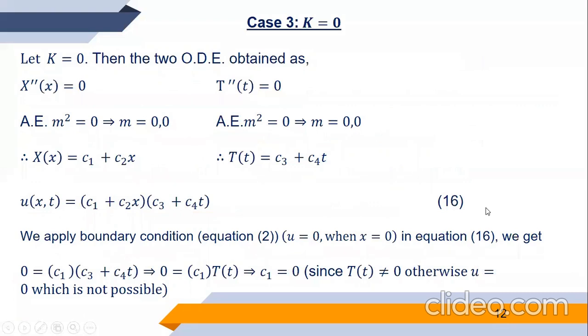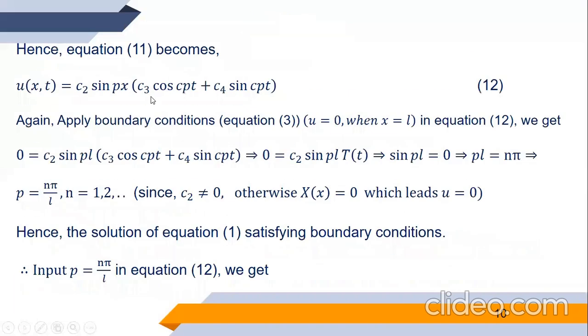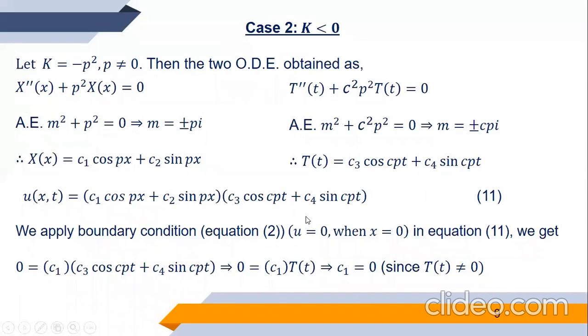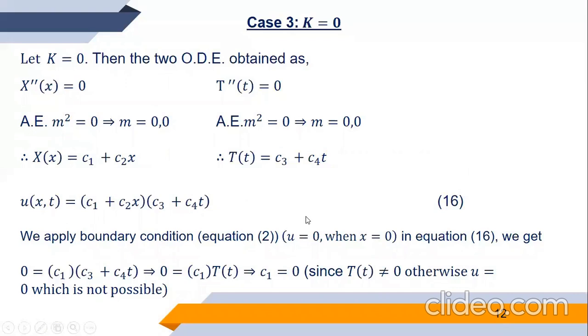Now we consider the k equal to 0 case. So k equal to 0, we input in equation 8. Then we get two ODEs: X double dash is 0 and T double dash is 0.